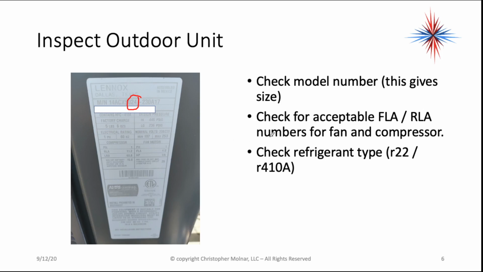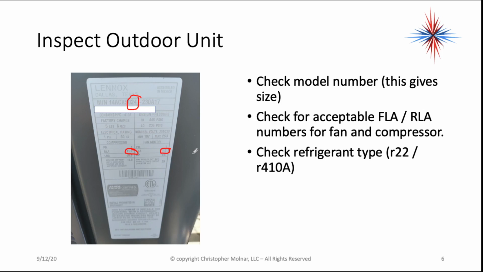The other thing we want to do is check for the acceptable FLA and RLA levels. Okay, so the compressor has a run amperage of 11.2 max, and the fan is at 1.0. Now that's if it's the original fan and compressor in the unit.